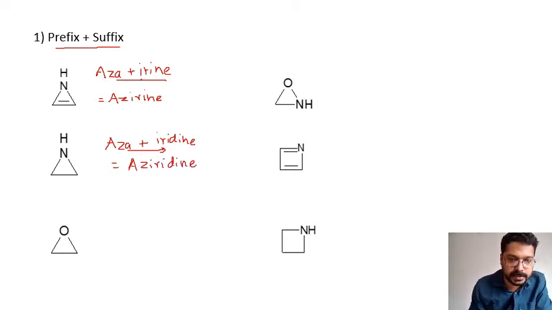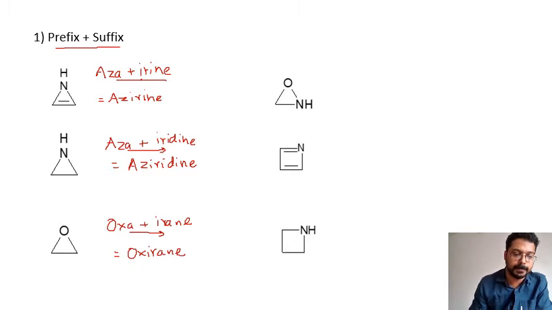The next one, you can see here, it is oxygen, so it is oxa plus, without nitrogen, saturated, it is irane, so you can replace a by irane, so it is oxirane. Coming to this one, one heteroatom is oxygen, the prefix is oxa.